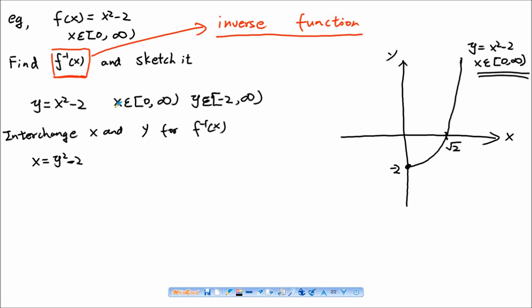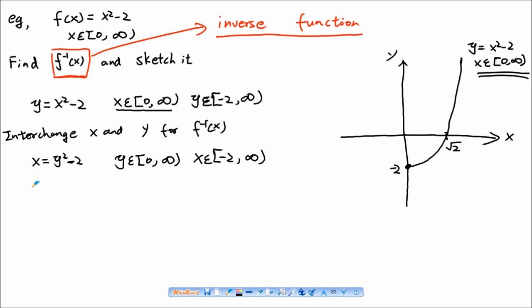The domain here becomes the range of the inverse function, y belongs to from 0 to infinity, and the range of the original function becomes the domain of the inverse function, x belongs to [minus 2, infinity).